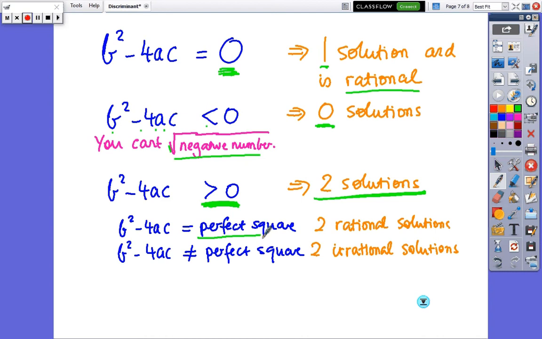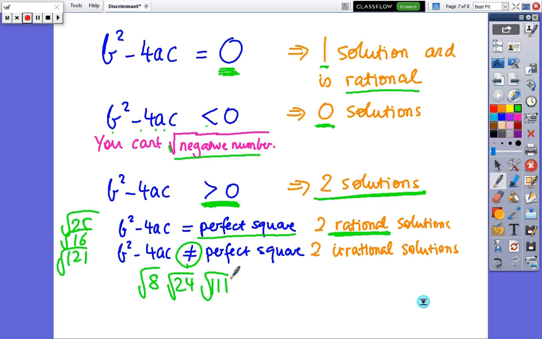If it's a perfect square, like 25 or 16 or 121, you can square root those numbers, and so we have rational solutions. But if b squared minus 4ac is not a perfect square, like if it's 8 or 24 or 111, you can't get a good number when you square root those numbers. They are surds, so they're going to be irrational solutions.